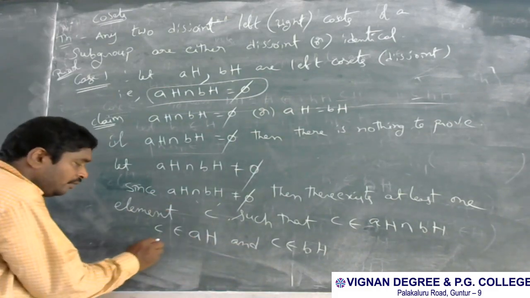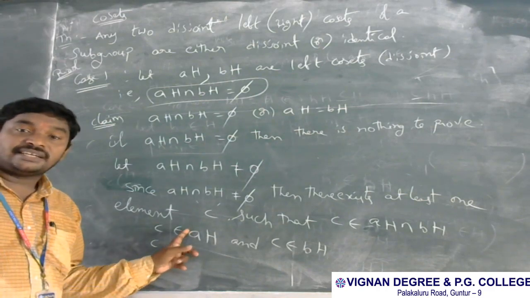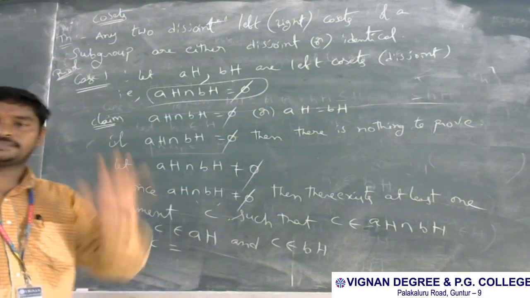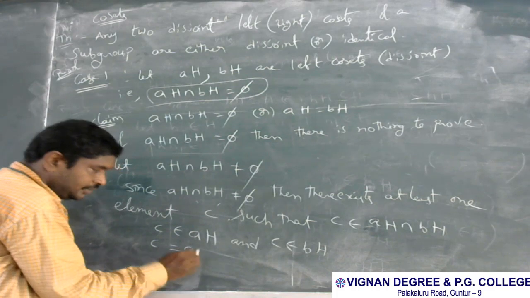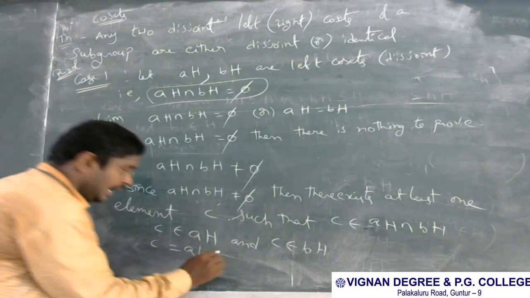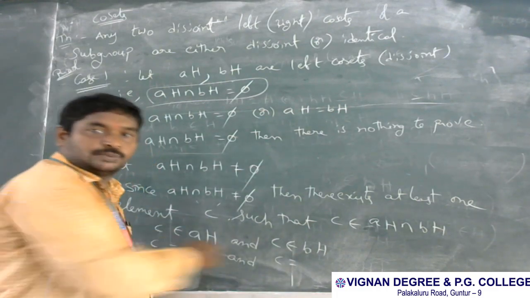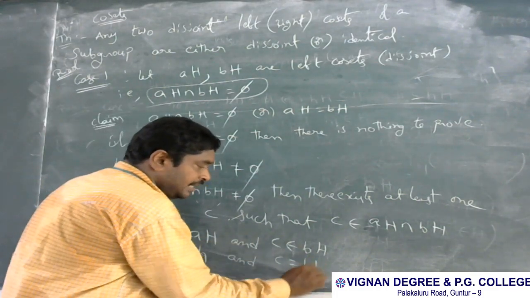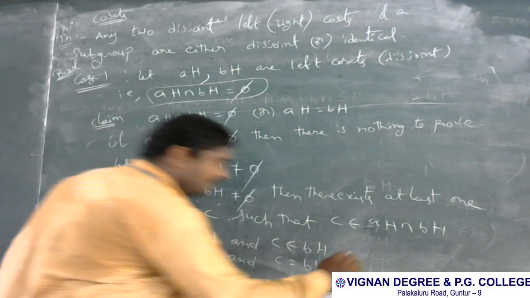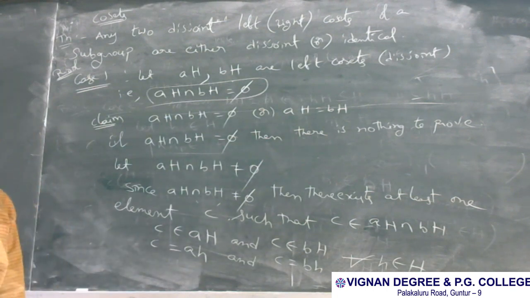So I am removing belongs to. Now belongs to means set is equal to elements. So c is equal to ah, that is a into small h, and small c is equal to b into small h, for all small h belongs to capital H.